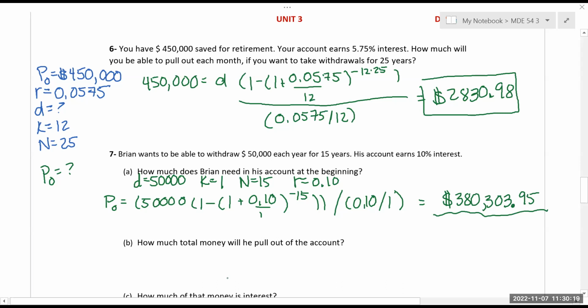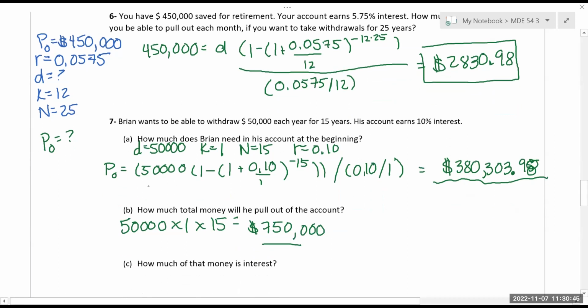So then the question is, how much money will he pull out of the account? Sorry, this is an 8. How much money will he pull out of the account? Well, if he takes out $50,000 a year, one time a year for 15 years, he's actually going to take out 750,000, but he only put in 380.